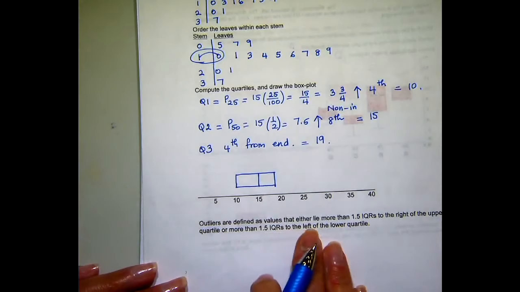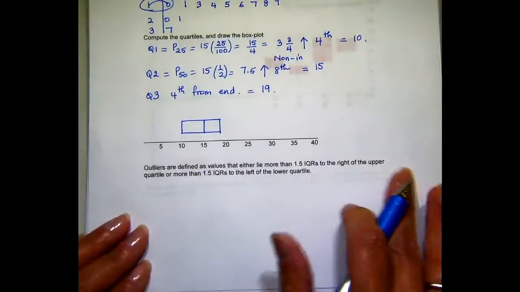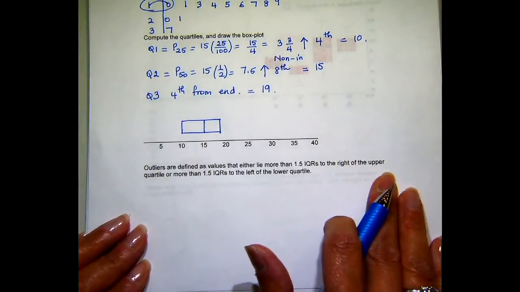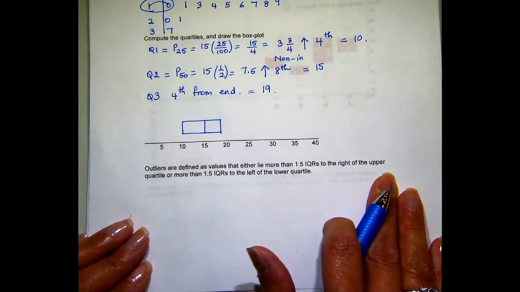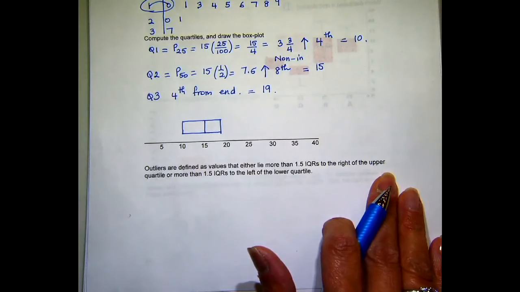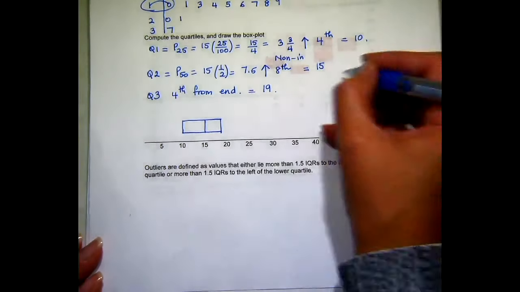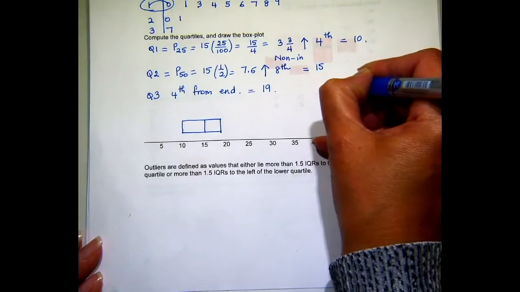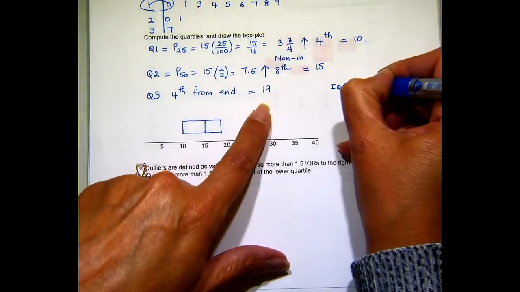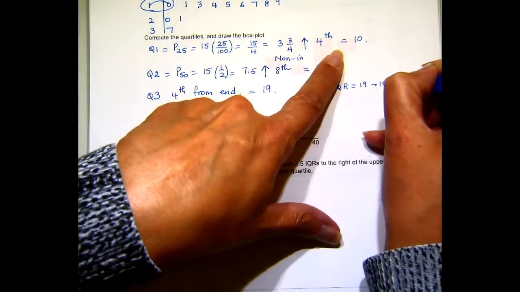Outliers are defined as values that lie more than 1.5 IQRs to the right of the upper quartile, or more than 1.5 IQRs to the left of the lower quartile. So I guess they want a modified box plot, right? Because they're talking about outliers. So let me find the interquartile range. That would be Q3 minus Q1, which is 9.